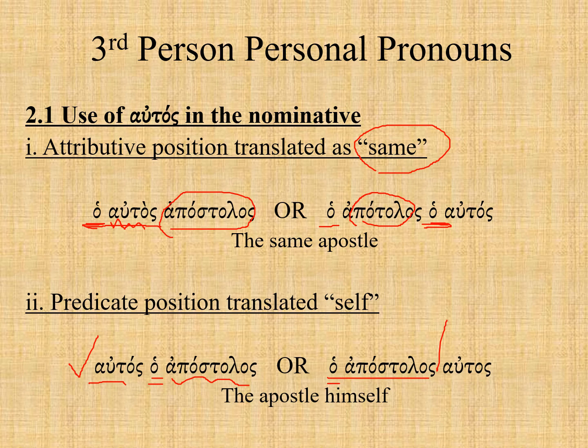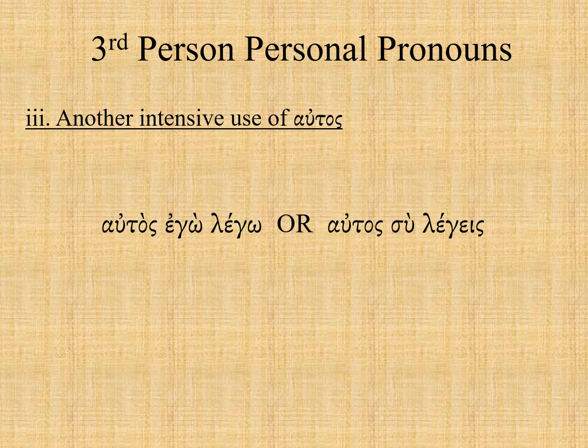And obviously in both of these situations, the word autos, which usually is he, does not have that translation here. We have one more intensive use of autos. You can see the sentence here, autos ego lego, or autos sy leges. If you look at this word autos, it is connected to ego lego or sy leges.